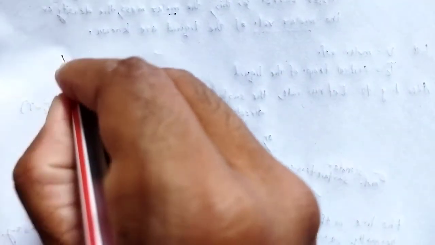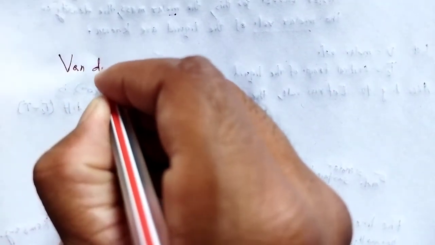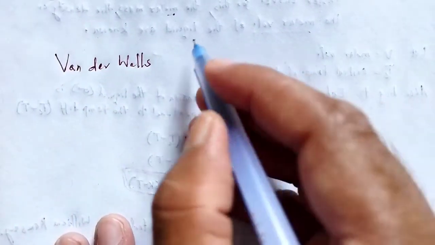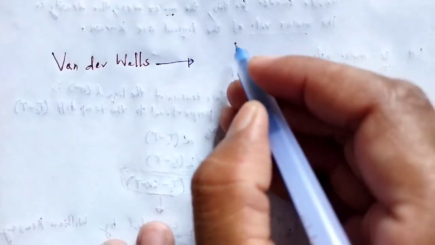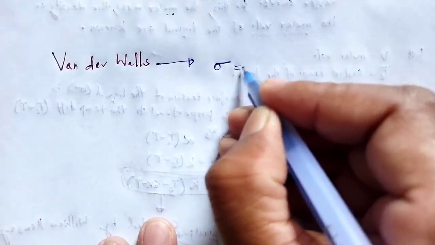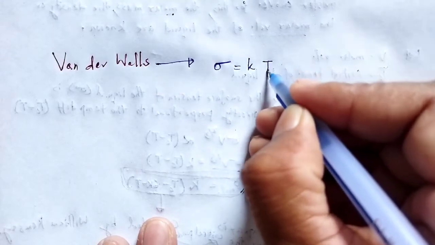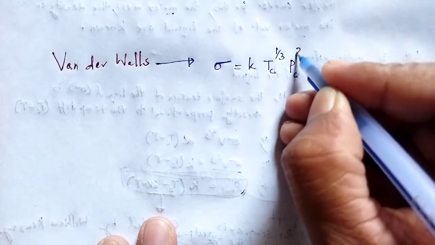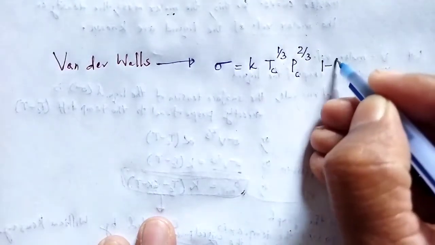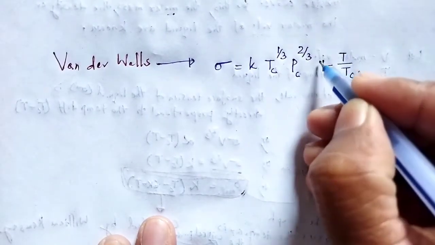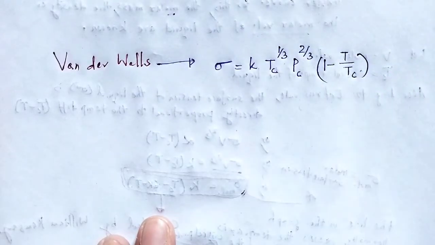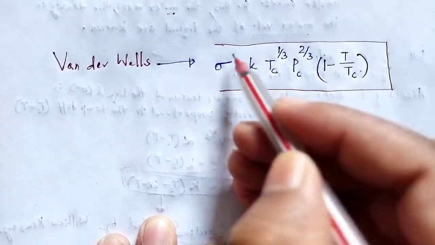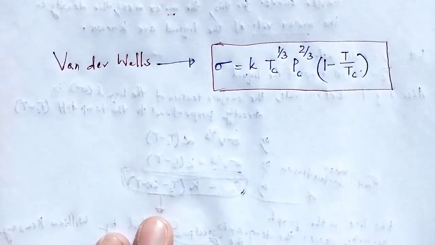According to him, the surface tension sigma is equal to k times Tc to the power 1 by 3 Pc to the power 2 by 3 times 1 minus T divided by Tc. This is the expression for surface tension and temperature according to Van der Waals.